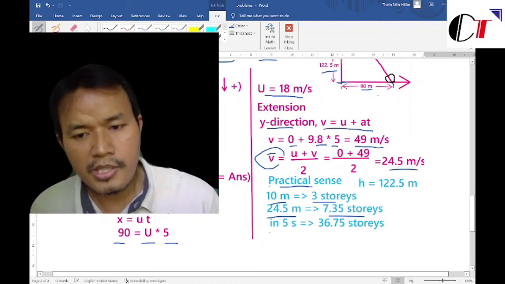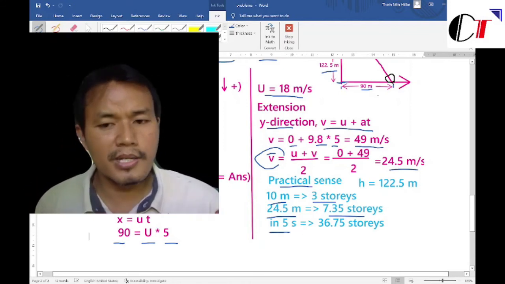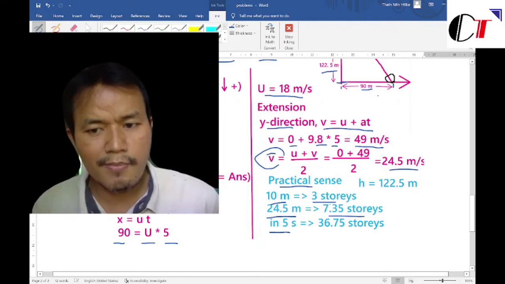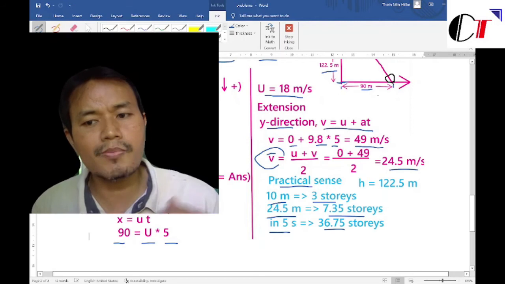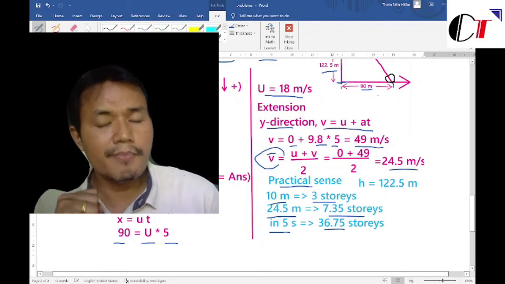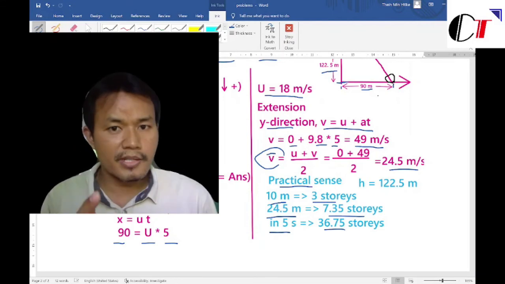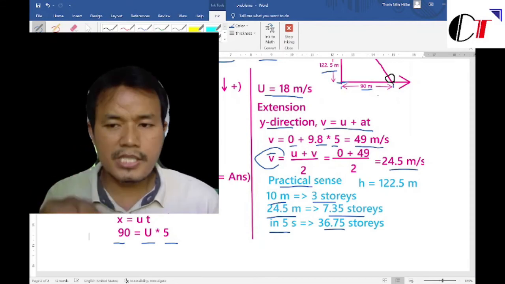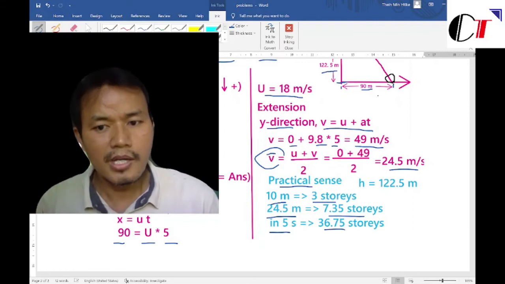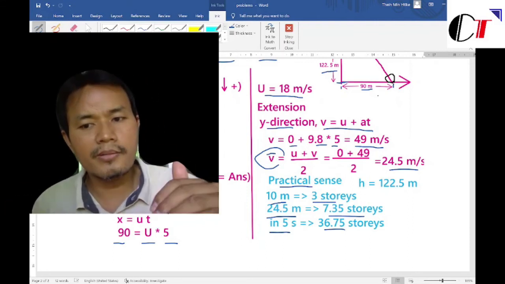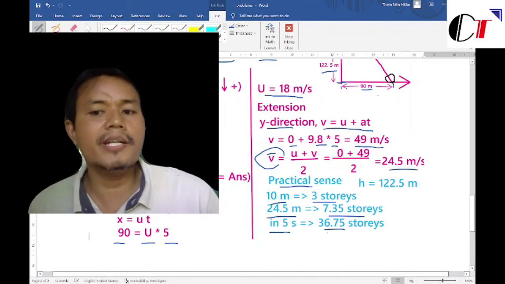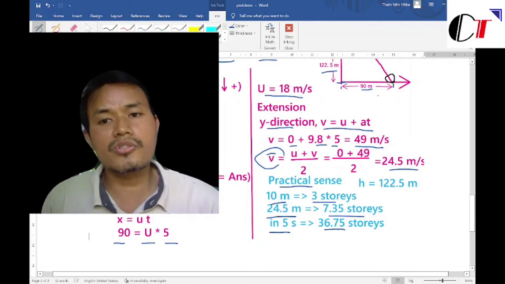And of course, in this problem, the total time taken is 5 seconds. So in 5 seconds, you just multiply by 5, and you will get around 36.75 stories. So it's around 37 stories. It means that within 5 seconds, if your object is traveling at an average speed of 24.5 meters per second, it will have passed a height equivalent to a 37-story building.